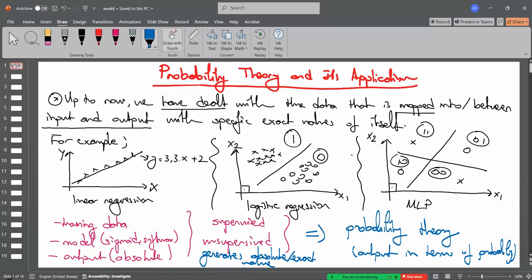Maybe in some cases we can say that this is the X class if the output of the logistic regression is greater than 0.5. Okay? And so how can we implement this algorithm on machine learning or artificial intelligence? We should use the probability theory.